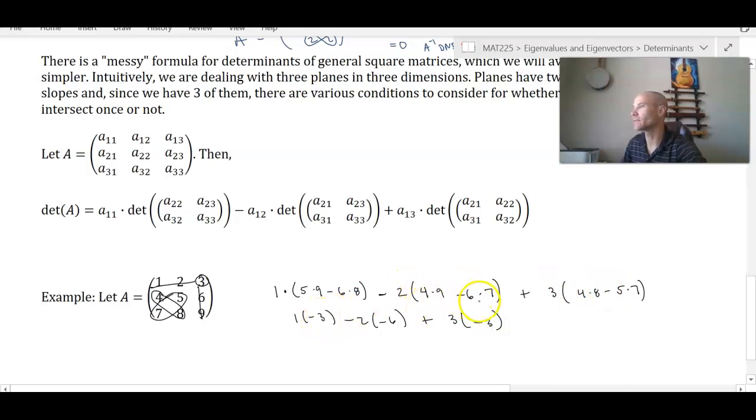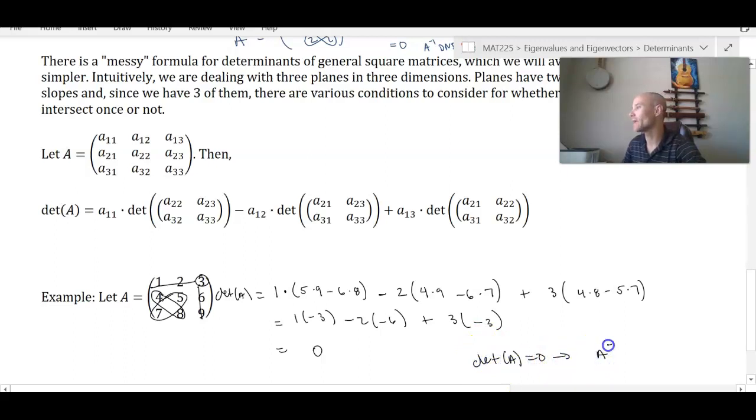It's 36 minus 42, negative 6. 45 minus 48, negative 3. Okay, so now multiply all this together. This is the determinant of A. And we get negative 3 plus 12 is 9. 9 minus 9 is 0. Okay, wow, that worked out perfectly, didn't it? So we find out the determinant of A is equal to 0.